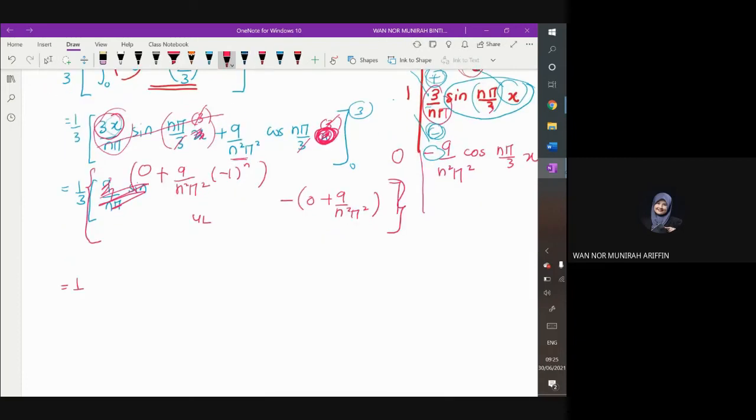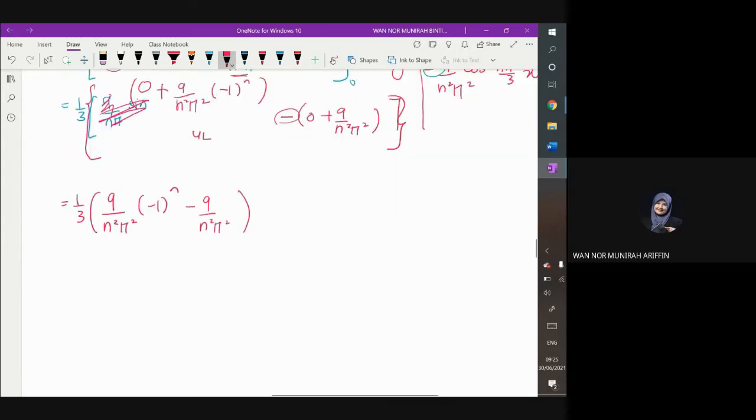So we continue. I have 1/3. Here I have 9 over n square pi square, negative 1 to the n, and then I have minus 9 over n square pi square. I have 3 here, so if I factorize everything I have 3 over n square pi square, negative 1 to the n, minus 3 over n square pi square.